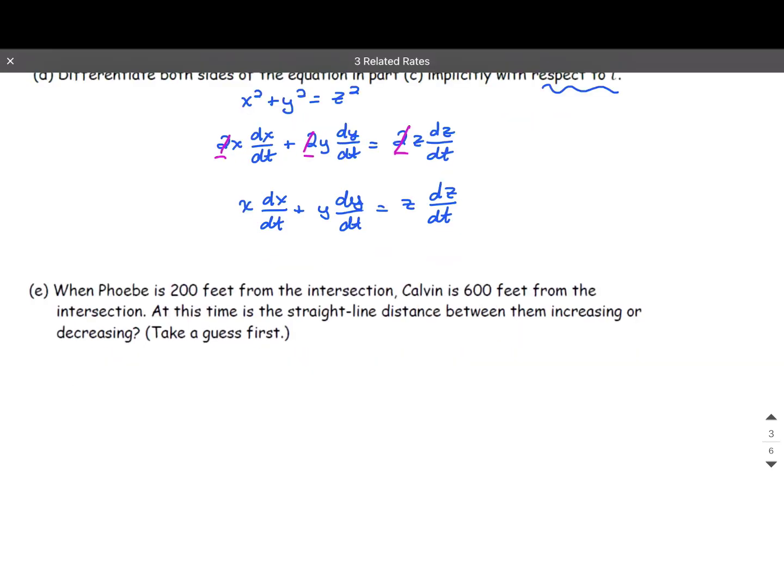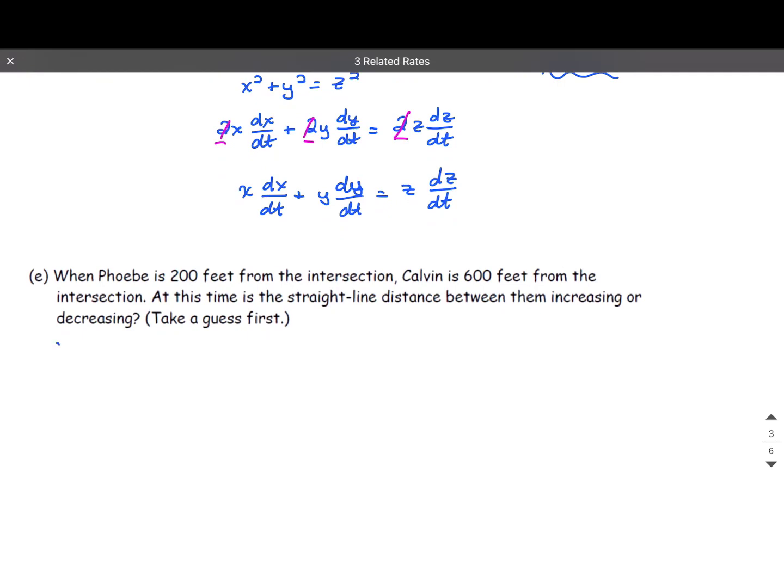Okay, so now when Phoebe is 200 feet from the intersection, so x is 200 feet, Calvin, that's y, is 600 feet from the intersection. And remember, we already know from earlier in the problem that dx/dt was 40 feet per second, and dy/dt is negative 30 feet per second.